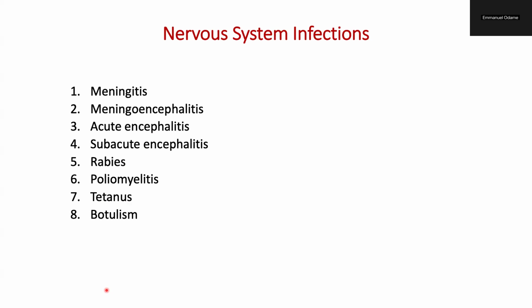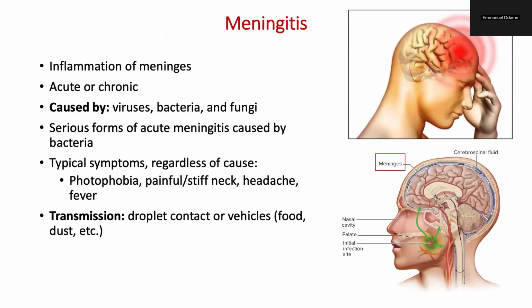Let's discuss the first one, which is meningitis. With meningitis, what we normally see is inflammation of your meninges, which is the space between your brain itself and your cranium.